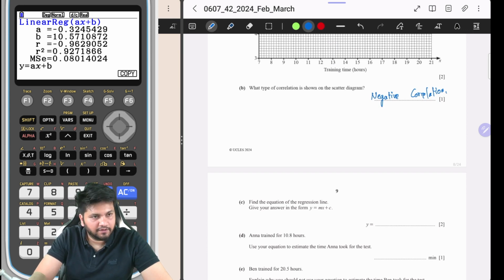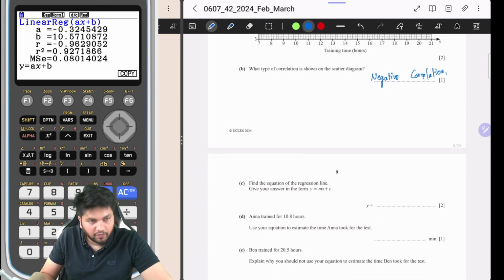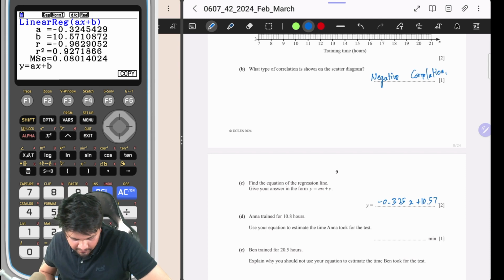So that's the equation of the line, which is y = ax + b, and here a is nothing but m, which is -0.325, x, and b is how much? So plus 10.57. So that's going to be your line.